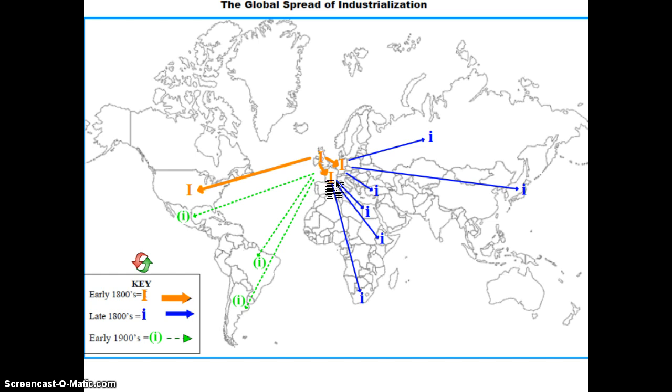And finally, industrialization in the early 1900s reaches South America and Central America. As we go forward, keep in mind this order of industrialization. Think about the advantages that may be gained by industrializing early and the disadvantages of industrializing later.